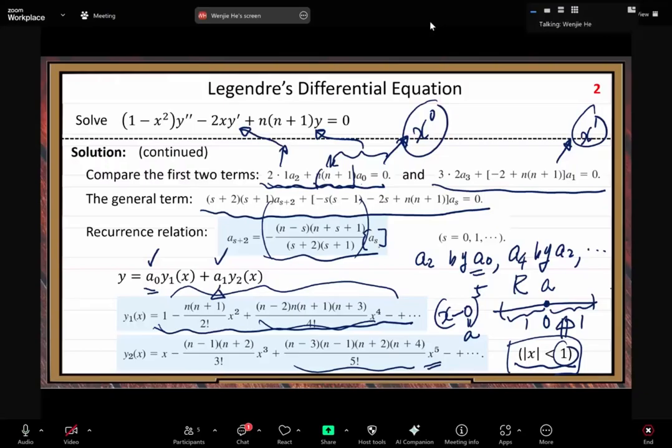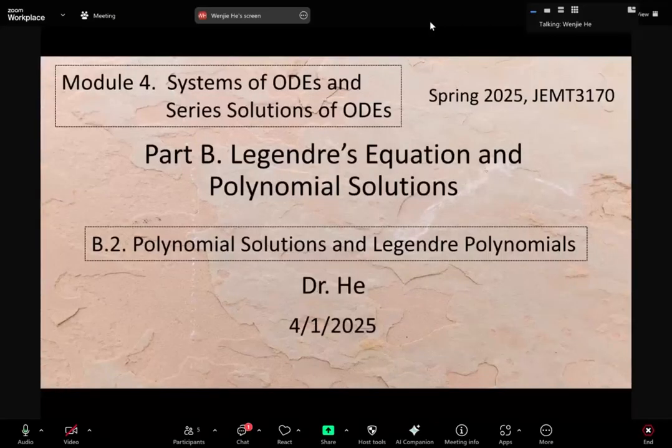After we see the formula, we can plug in these coefficients to calculate.